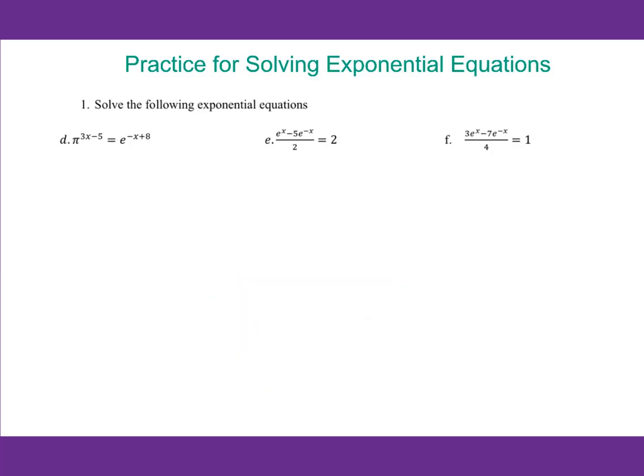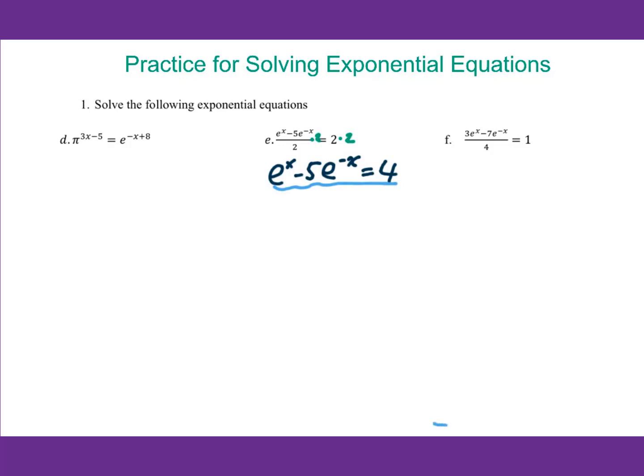Now let's go to E. First of all, we get rid of this denominator. Therefore, we multiply by 2 on both sides. You will get e to the x power minus 5 e to the negative x power equals 4. We know this will be a quadratic pattern.